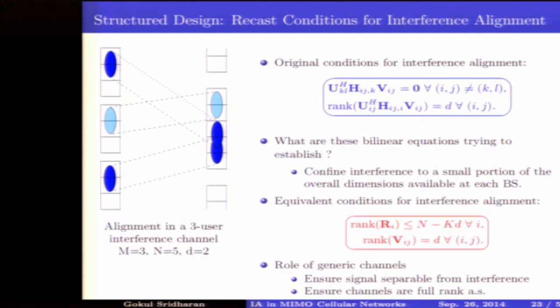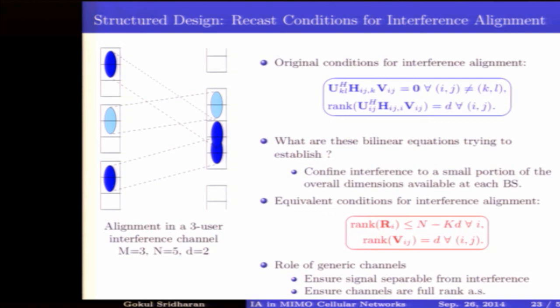So all interference alignment is trying to do is to design the beamformers so that the rank of Ri, your set of interference vectors, is less than or equal to that quantity n minus kd. So if you remove kd, which is what you need to support signaling vectors, all of your interference must be contained within a certain number of dimensions.